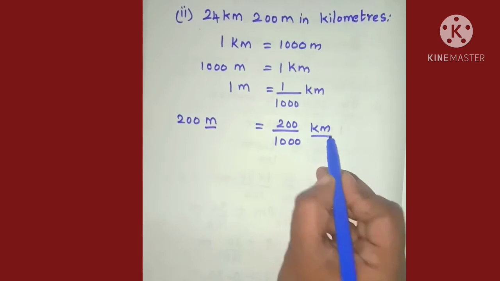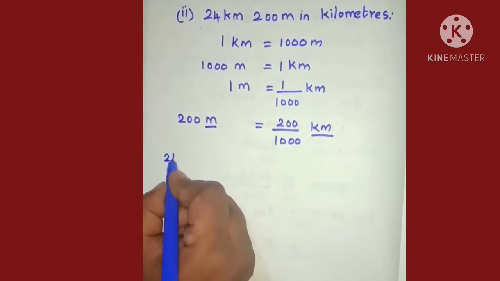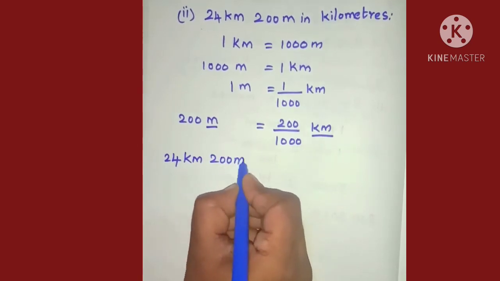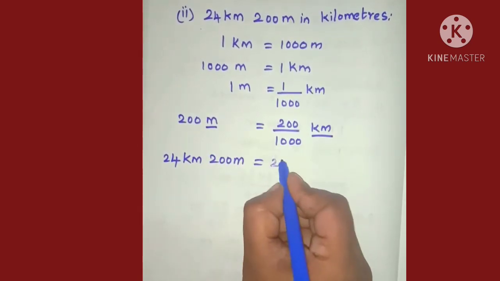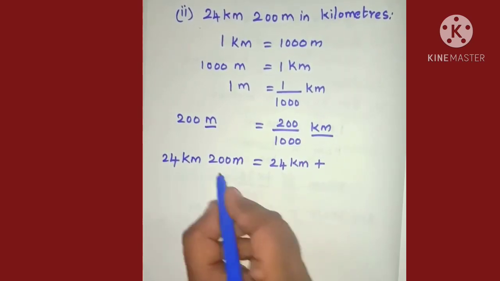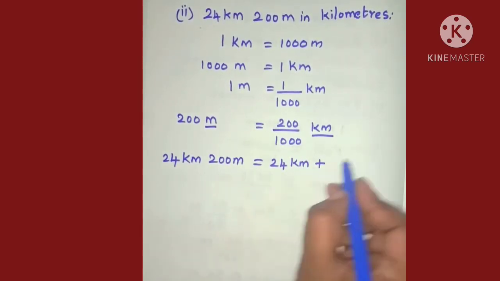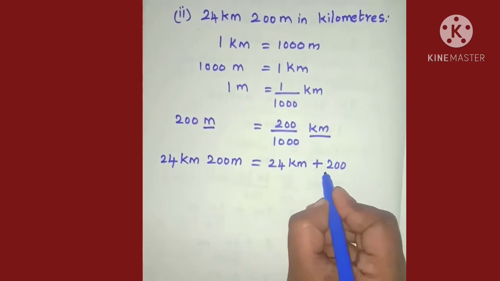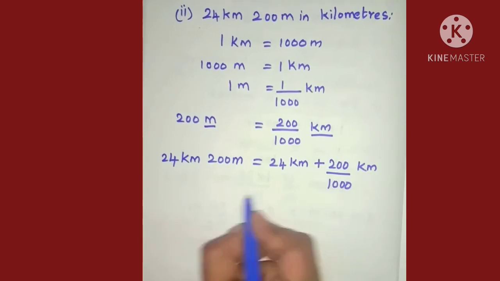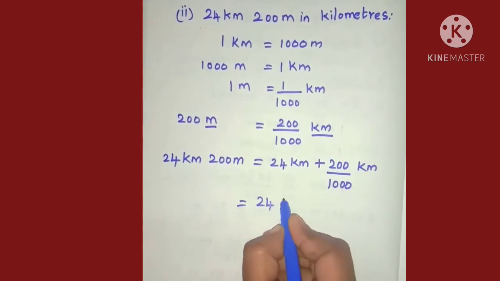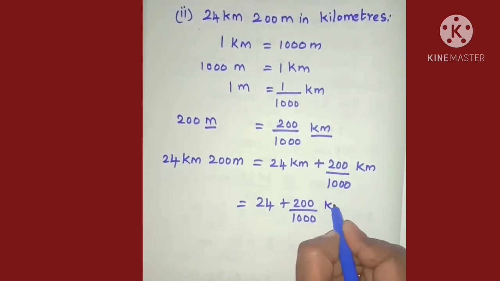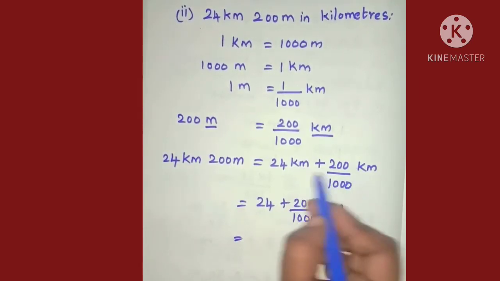Now write down 24 kilometer 200 meter is equal to 24 kilometer plus 200 meter, which can be written as 200 by 1000 kilometer. Now 24 plus 200 by 1000 kilometer. Both are in kilometers.